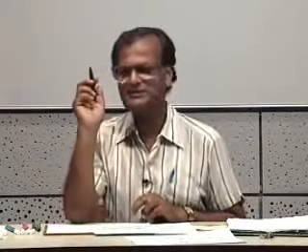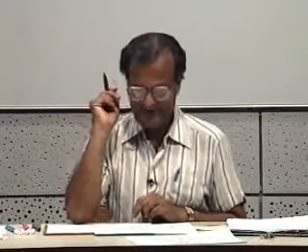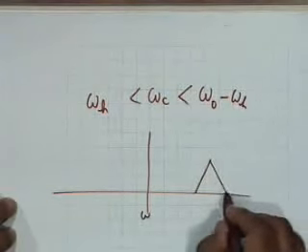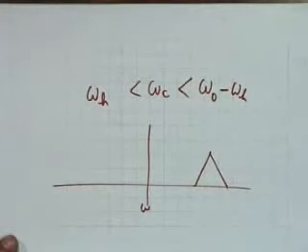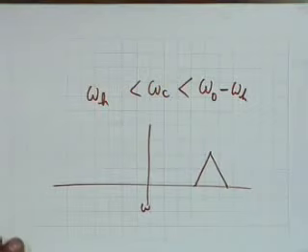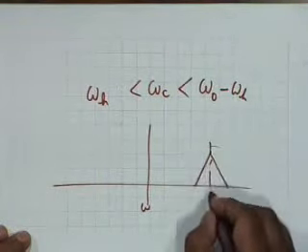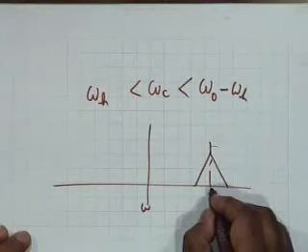No, but the question has a very interesting corollary. How do you know that the spectrum is limited to around DC? Why couldn't I have a spectrum like this, this is omega? Then what is your highest frequency? This is called a band pass signal, because it's a band centered around some non-zero frequency.